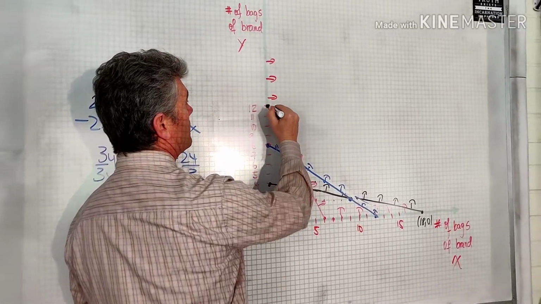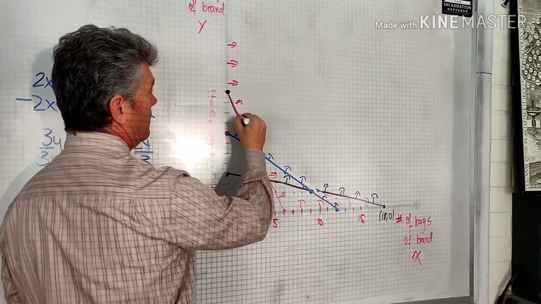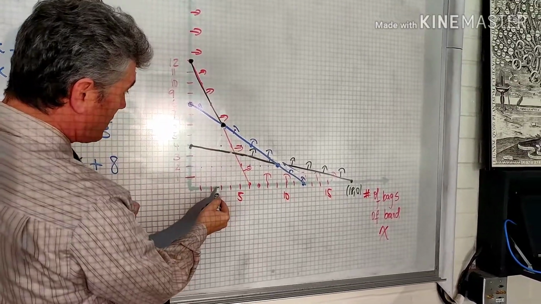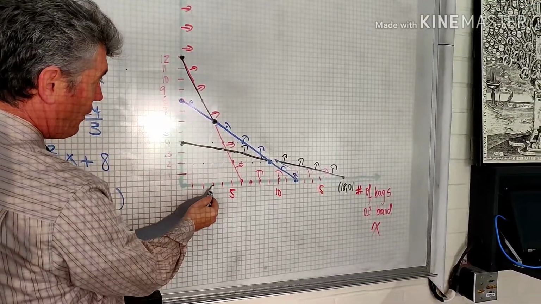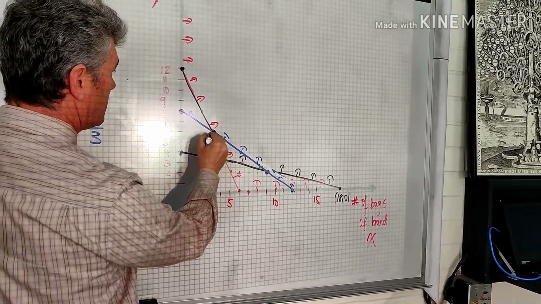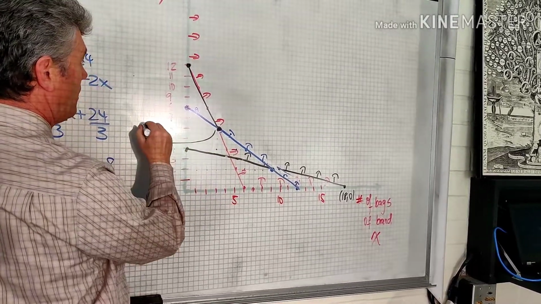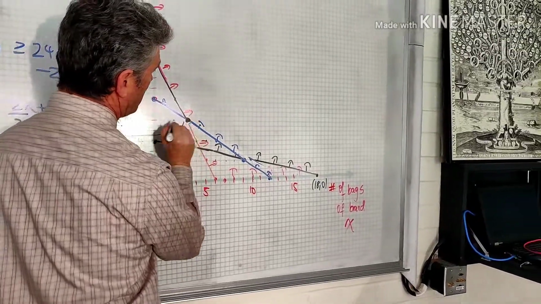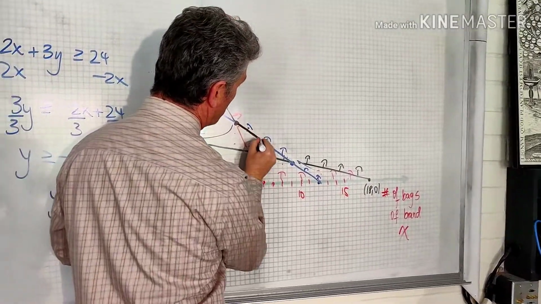So, start at (12, 0). Get to this point, which has coordinates (3, 6). Move on to the next vertex.